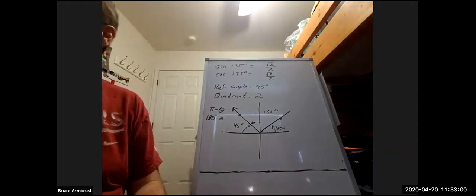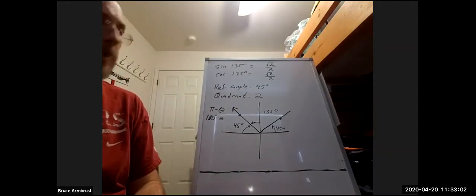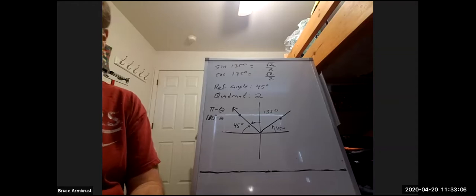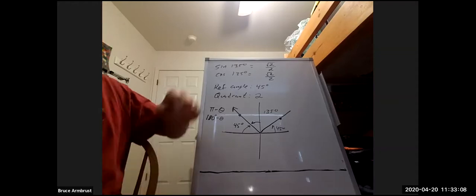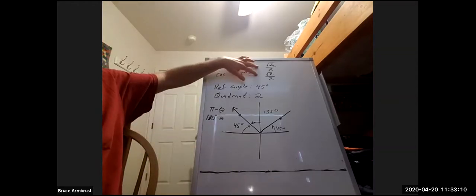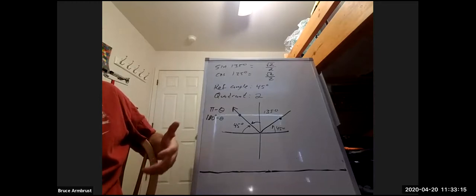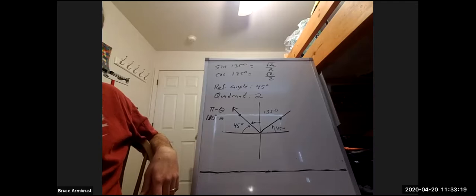45 degrees is kind of cool because sine and cosine are the same. Okay, but we're not done because the only other thing we have to worry about now is whether these things are positive or negative. So the way that we determine that is by remembering our little mnemonic device. Maybe you remember All Students Take Calculus.